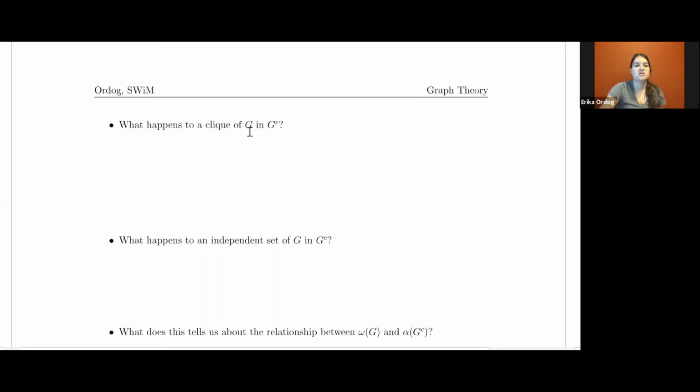So if in G all of those vertices are adjacent, then none of them are adjacent in the complement. And what is that called? That's called an independent set. So a clique becomes an independent set. Now none of those vertices are adjacent to each other.